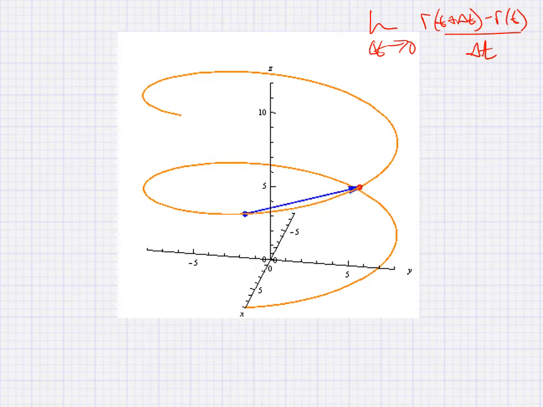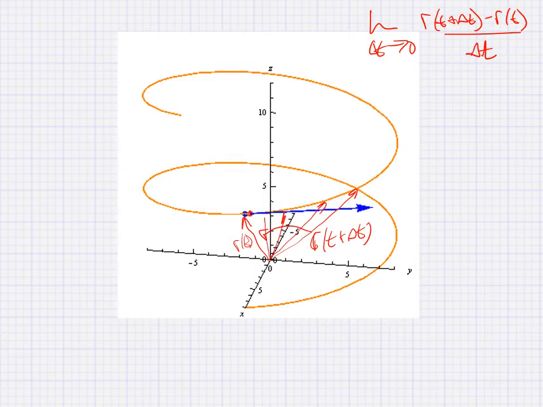And what you basically do is you have two vectors. You have this vector here, and then you have this vector here. This one would be, say, r of t, and this would be r of t plus delta t. And what we want to do is we want this vector to get closer and closer to this vector, so we get this, this, this. Why?